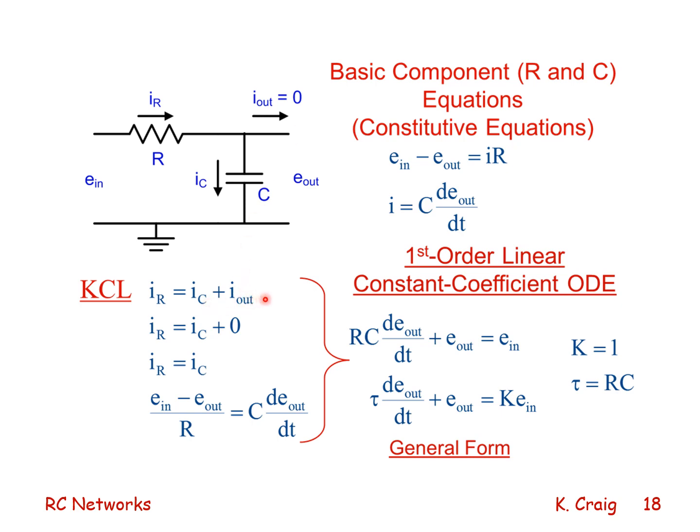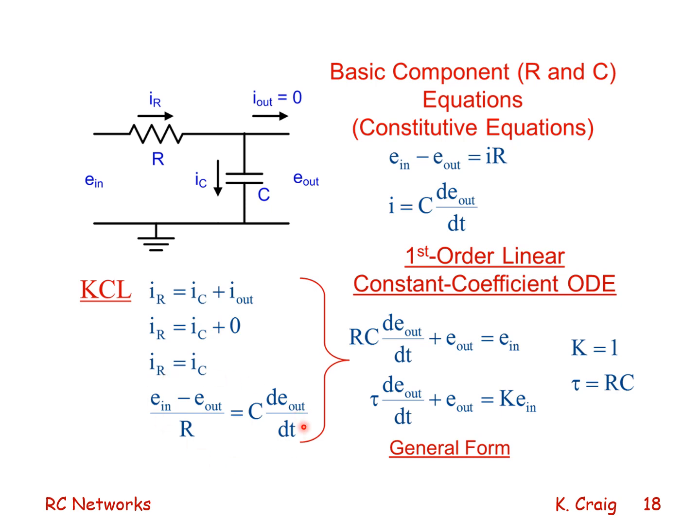Kirchhoff's current law is then at this node, IR equals IC plus I out, but I out is 0. IR equals IC. IR is the voltage drop across the resistor divided by the resistance. And IC is equal to C times dE out/dt.